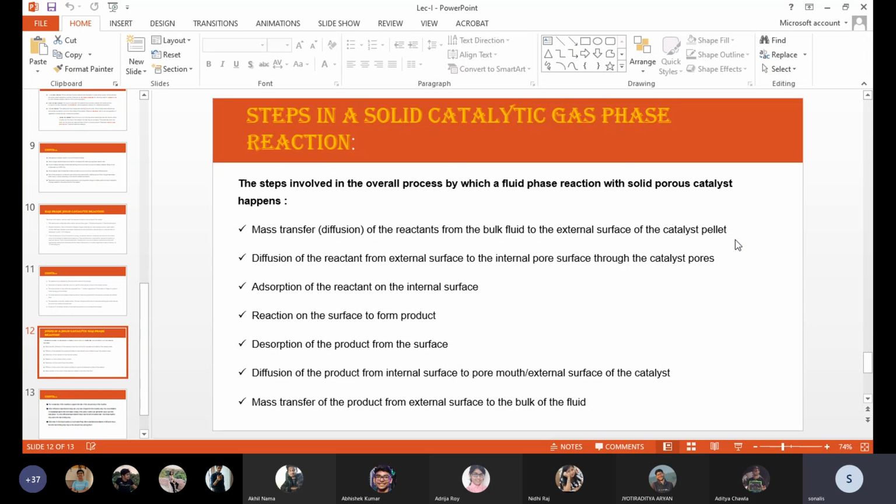This is external mass transfer. And after reaching the catalyst surface, they try to go inside the pore. This is the second step of mass transfer or diffusion, and as it is going into the internal surface, this is called internal mass transfer or pore diffusion.